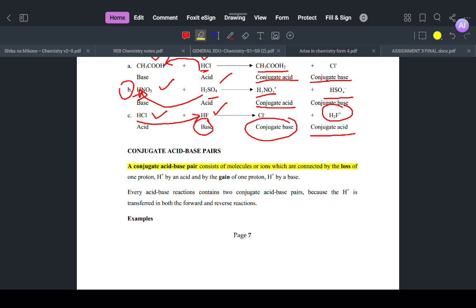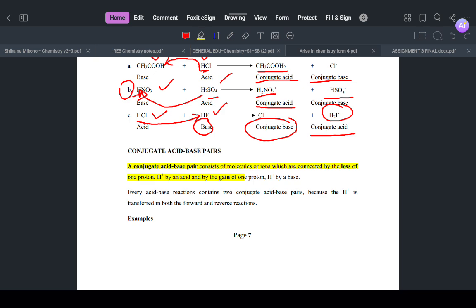A conjugate acid-base pair consists of molecules or ions which are connected by the loss of one proton by an acid and by the gain of one proton by a base. That's the definition. Every acid-base reaction contains two conjugate acid-base pairs because the hydrogen is transferred in both the forward and reverse directions.